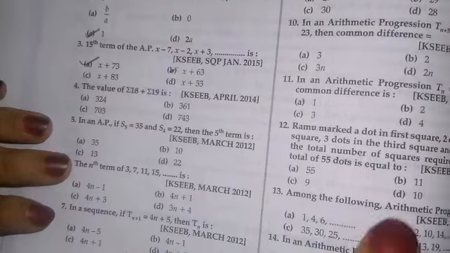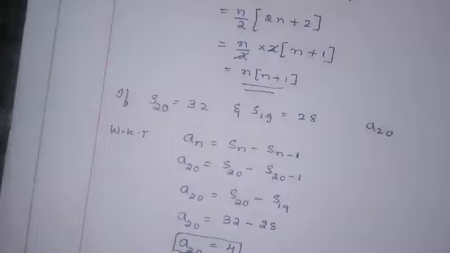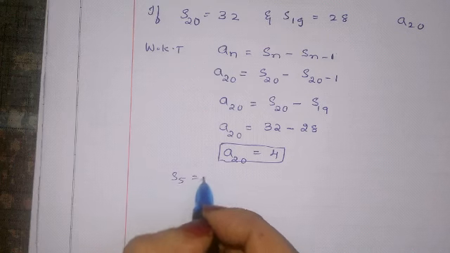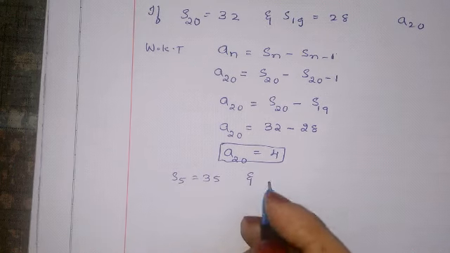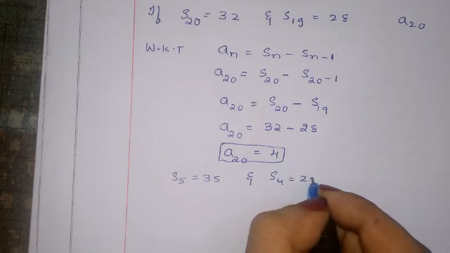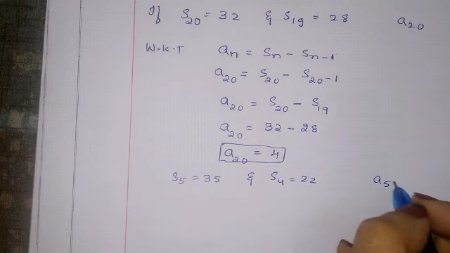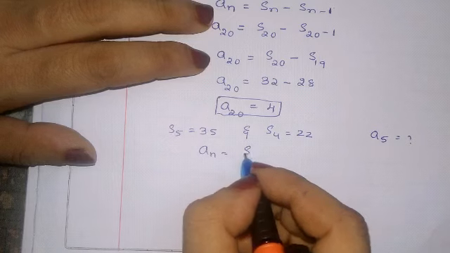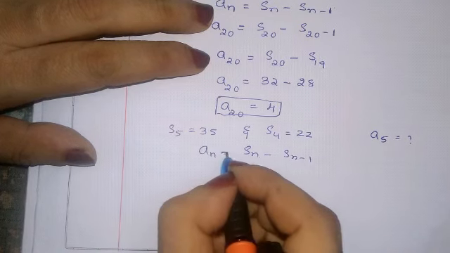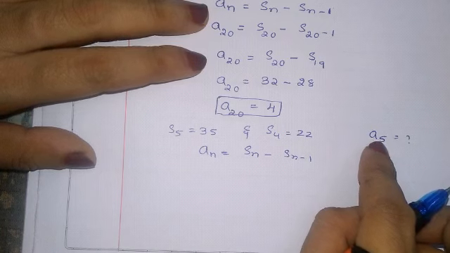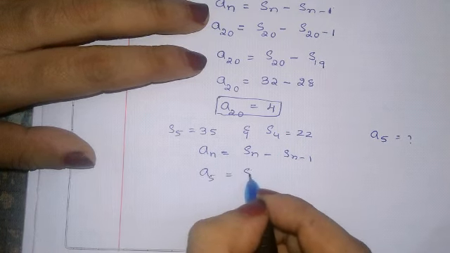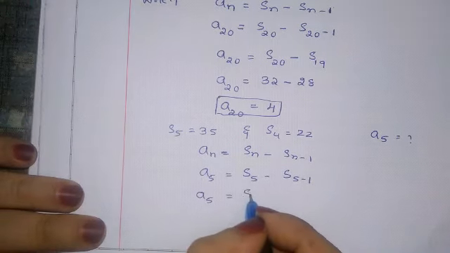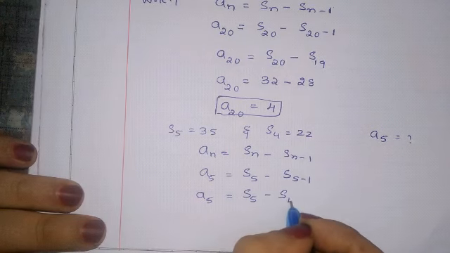Okay, here in an AP the same type of question is given. So let me solve. S5 is equal to 35 and S4 is equal to 22. Find the fifth term. So the fifth term means An is equal to, same as previous, Sn minus Sn minus 1. So A5 is equal to S5 minus S4.